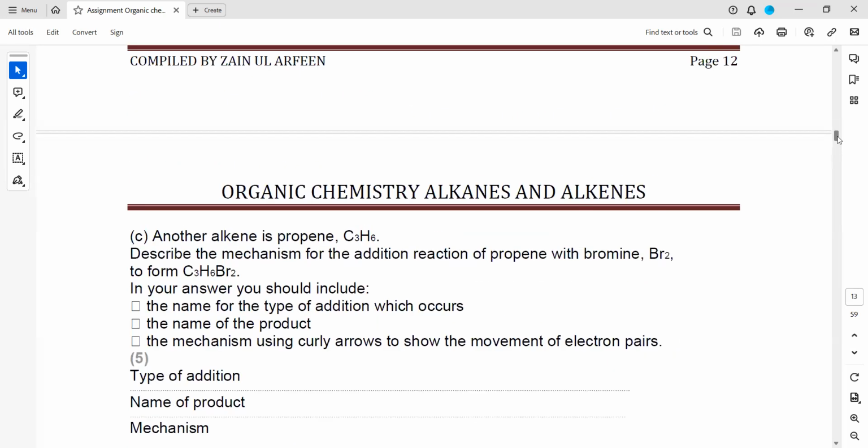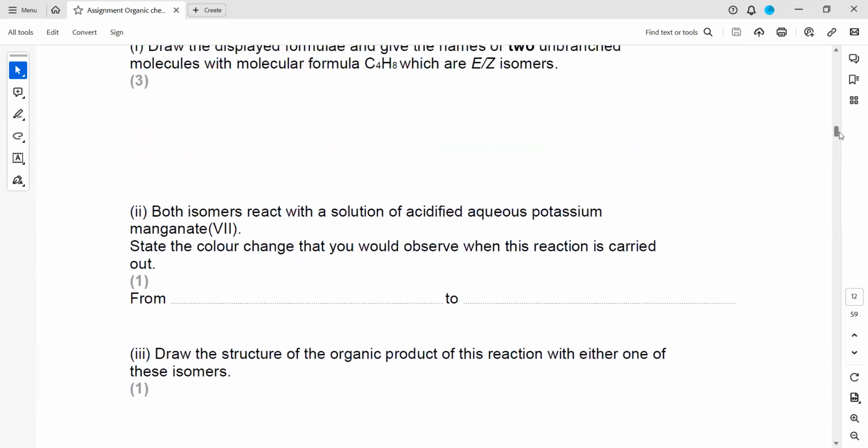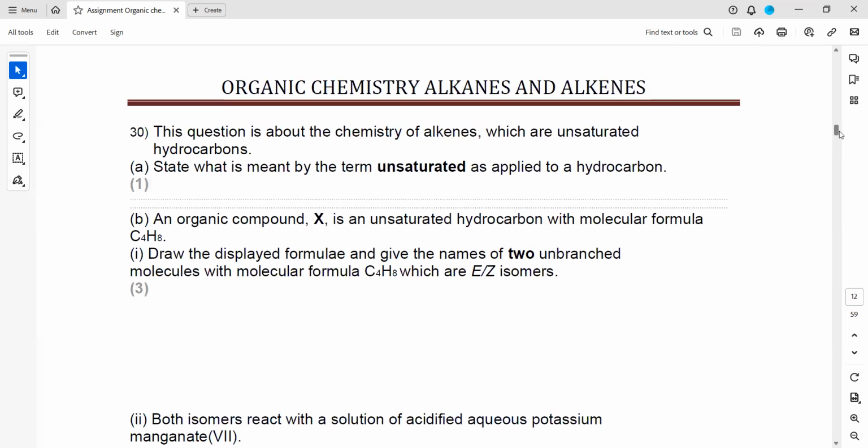This includes both MCQs and structure questions. As in the exam as well, you will have both structure questions as well as MCQs in the same paper.